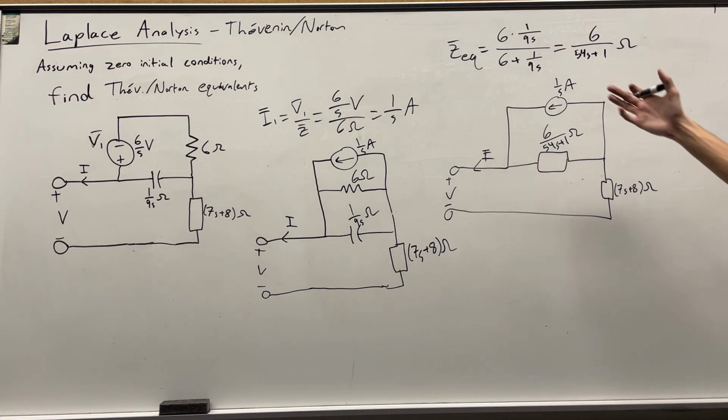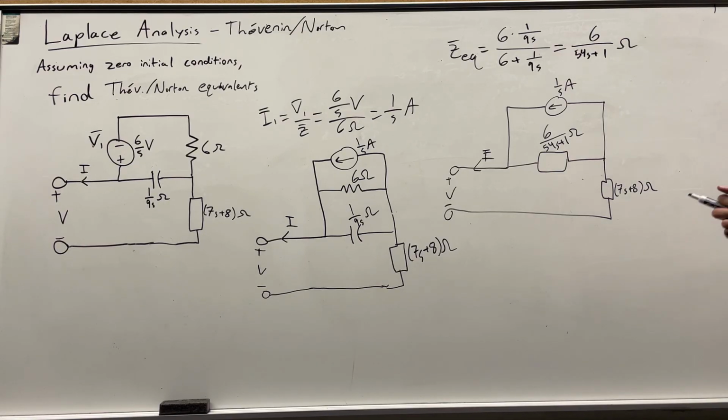And then we can find the value of the voltage source from that would be VOC, and then we'll have to do another source transformation to get the Norton equivalent, or the value for ISC.